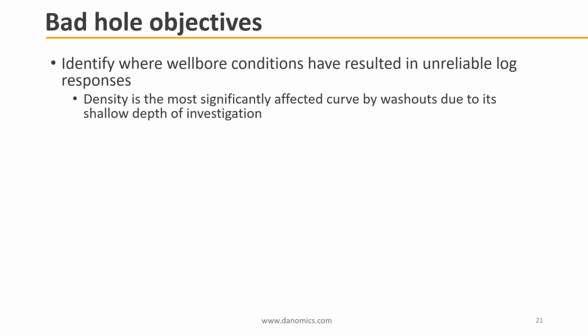And then the other part of getting your data clean is identifying where there are bad holes. So where have the wellbore conditions resulted in a log response that misrepresents the subsurface? Density is what we normally think of in this case, and that's because density has a very shallow depth of investigation. So even small problems in the borehole can affect the density curve.